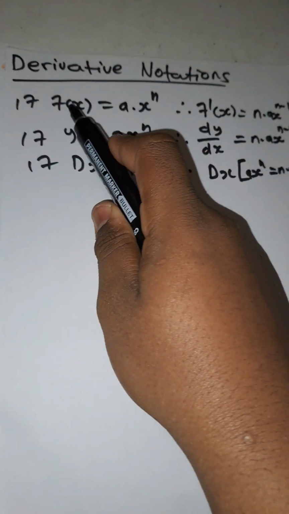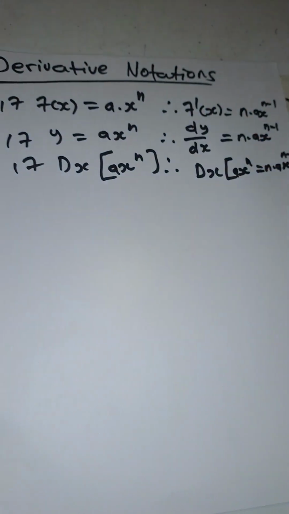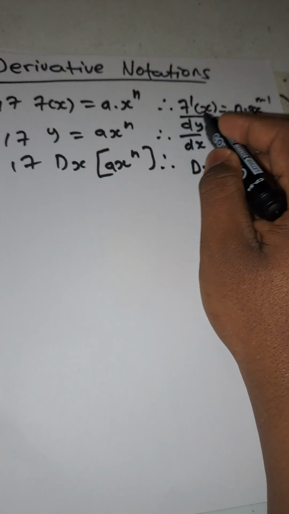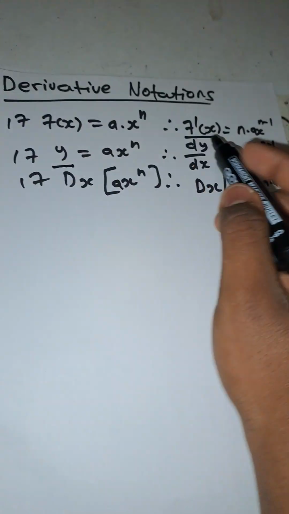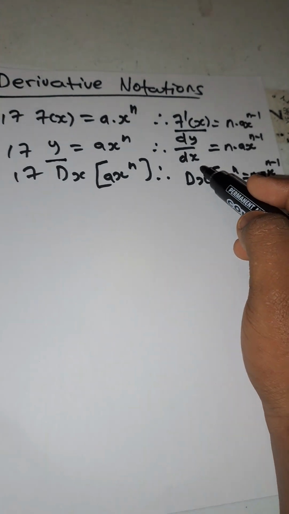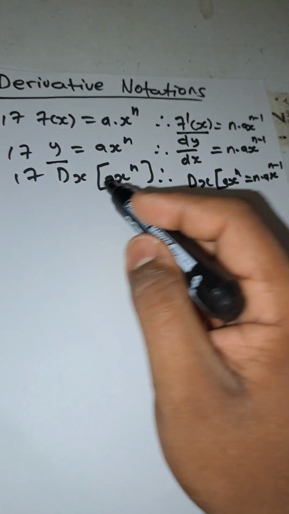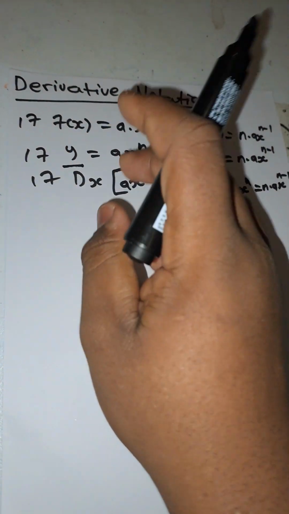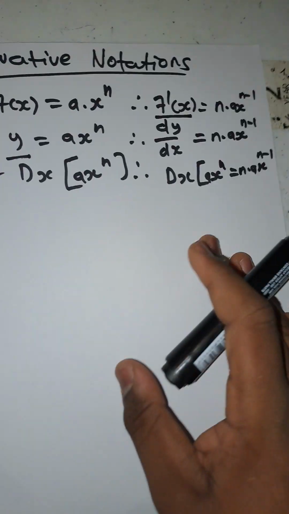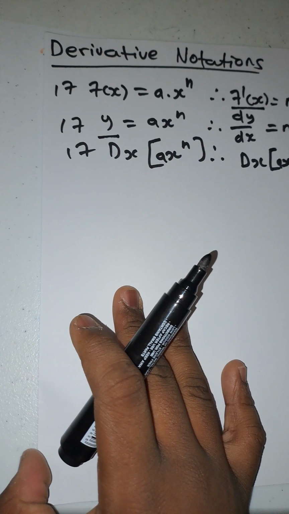If you find f of x and differentiate it, you represent it as f prime, the first derivative. If you find y, you write it as dy over dx. I'm going to show you a few examples.